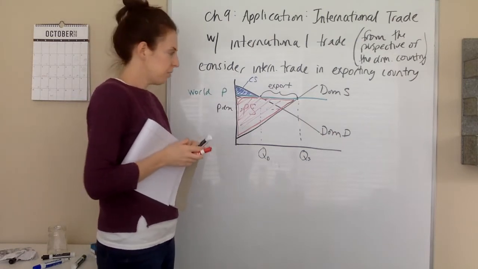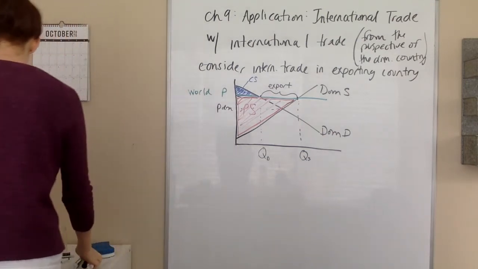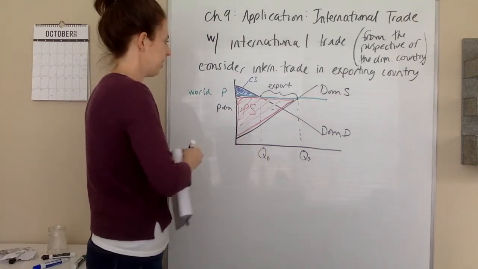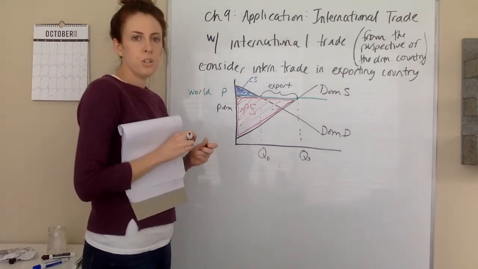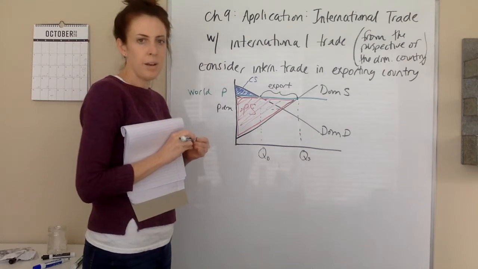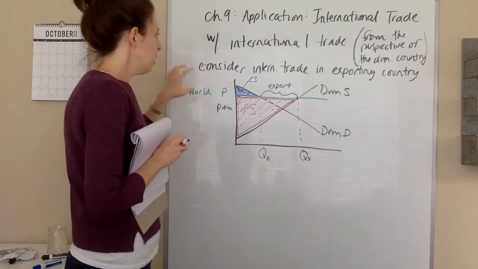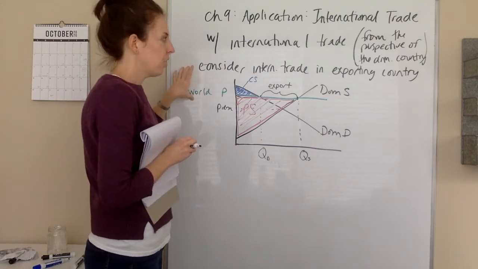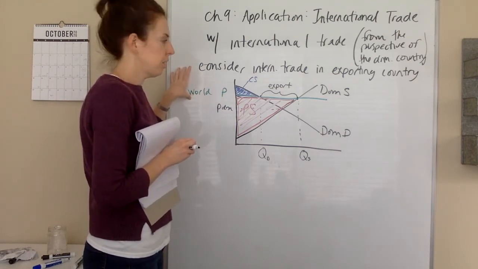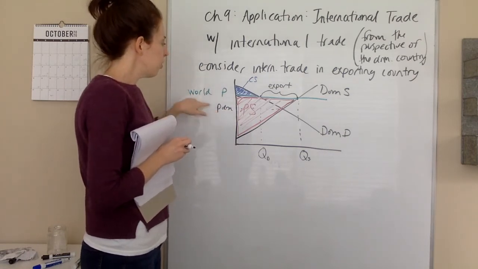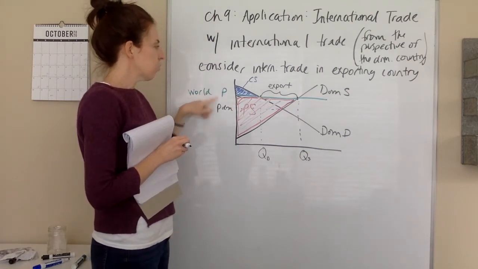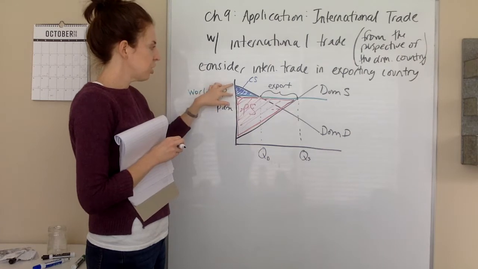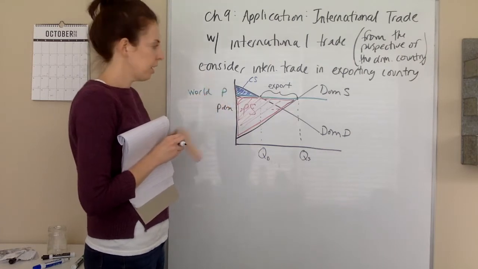Okay, there's two things to note here, and this relates to the discussion we had last class about efficiency versus equity. Once the international trade has happened and the home country has exported the good, the price rises, and this changes the surpluses in the market.